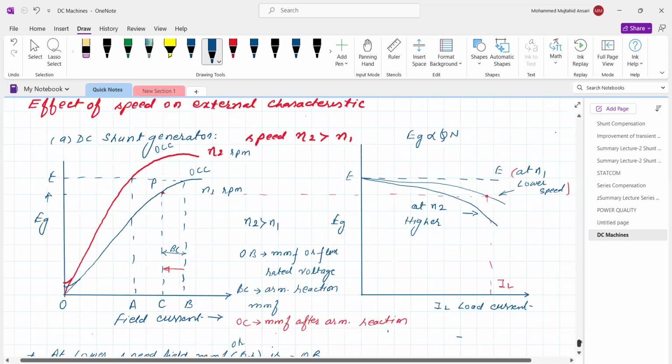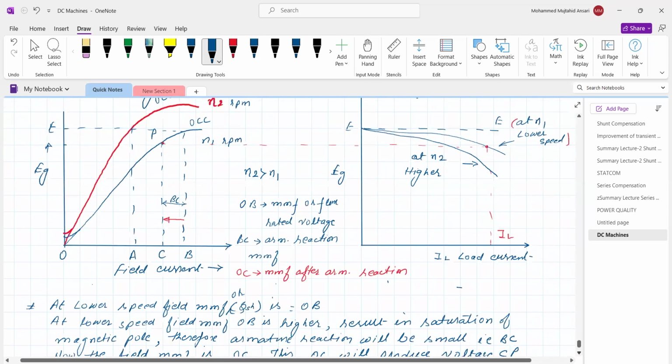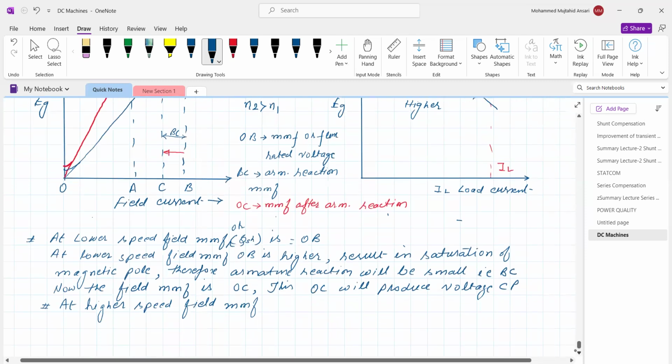Field MMF is OC, which results in lower MMF or flux.